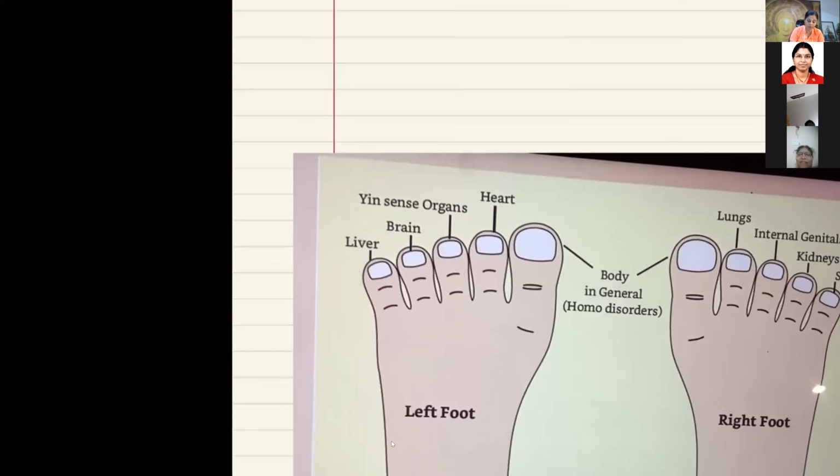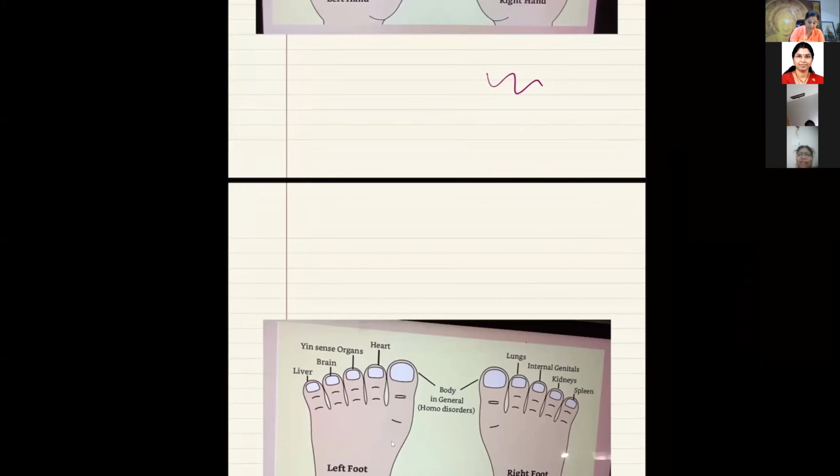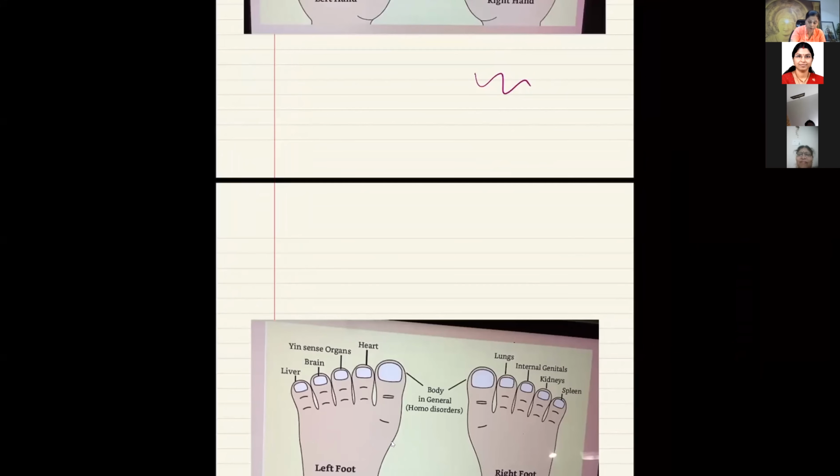But in the foot also, it is the same. Here also we have smell sense, but we say yin smell sense, meaning chronic problem. If there is a chronic problem, then we have to stimulate this nail.